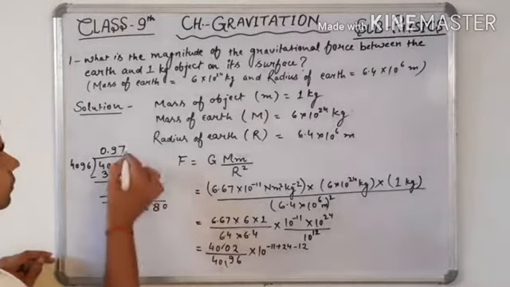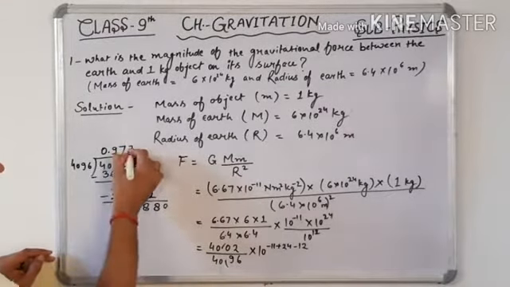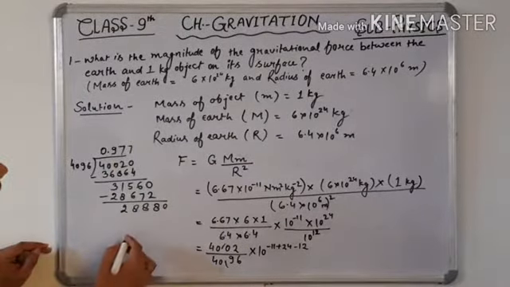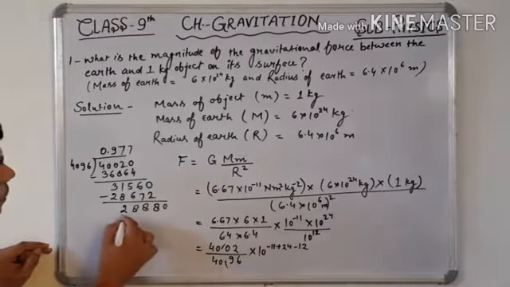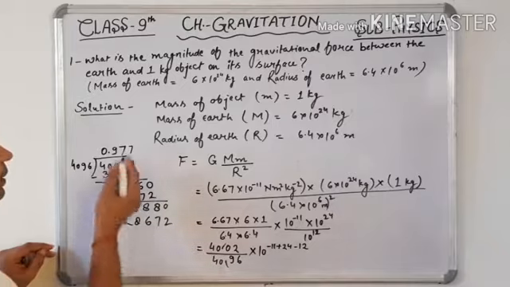Again increase the 0. Again it is divided by 7. So 2 8 are 16, 7 2. Now it is sufficient.